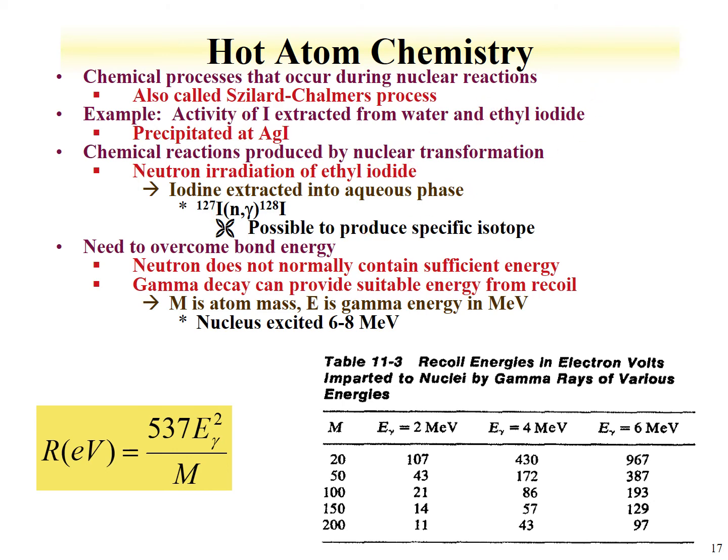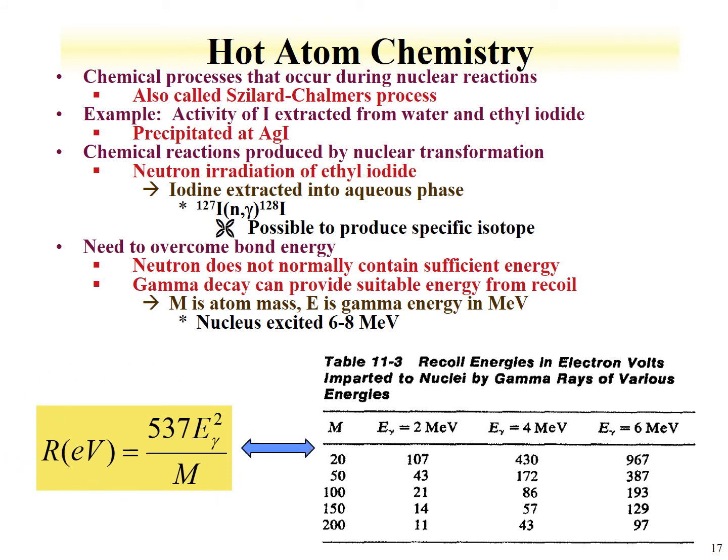In order for this hot atom chemistry to occur, the reaction needs to overcome bond energy. Neutrons normally don't provide sufficient recoil energy. However, from a nuclear reaction, you can get gamma decay. The recoil energy from the gamma decay can be calculated here with this equation.